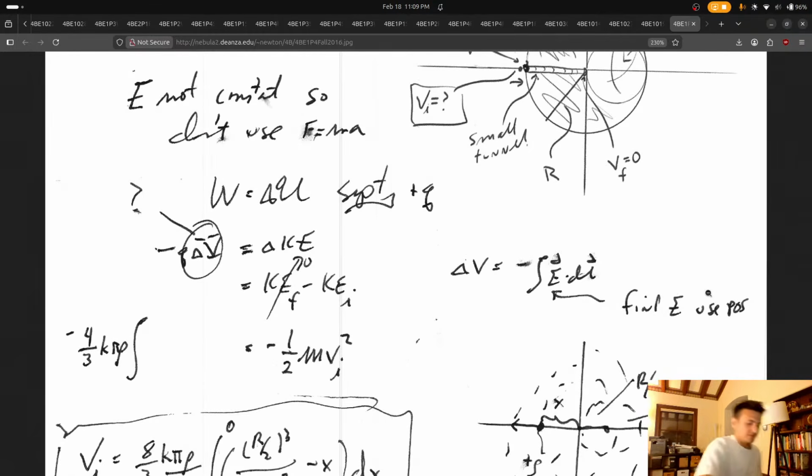Okay, so let me do it this way. All right, I want to find just the E field inside on the x-axis. So we have a circle, we have a hollow.